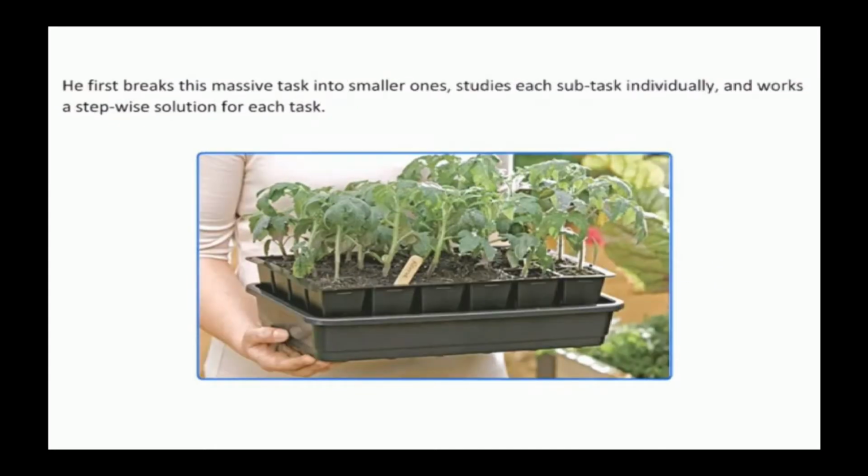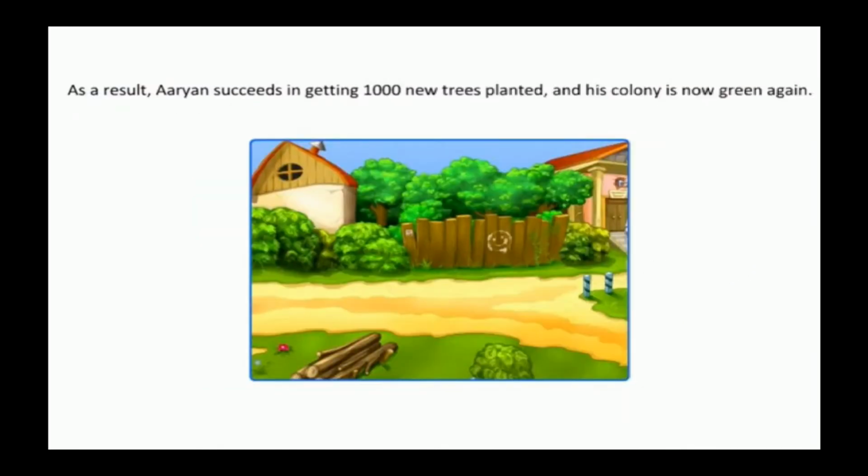He first breaks this massive task into smaller ones, studies each subtask individually, and works out a stepwise solution for each task. As a result, Aryan succeeds in getting 1000 new trees planted and his colony is now green again.